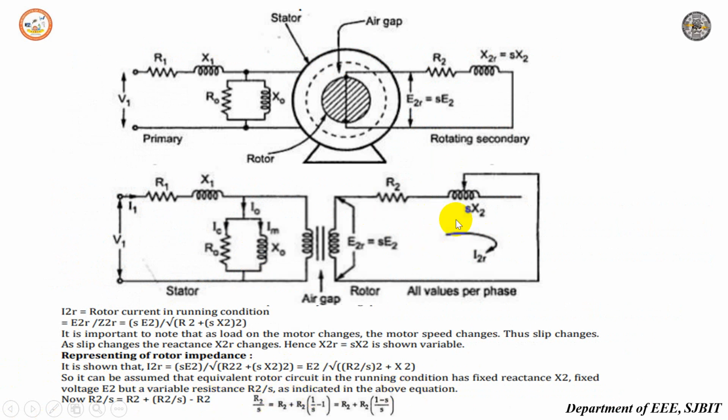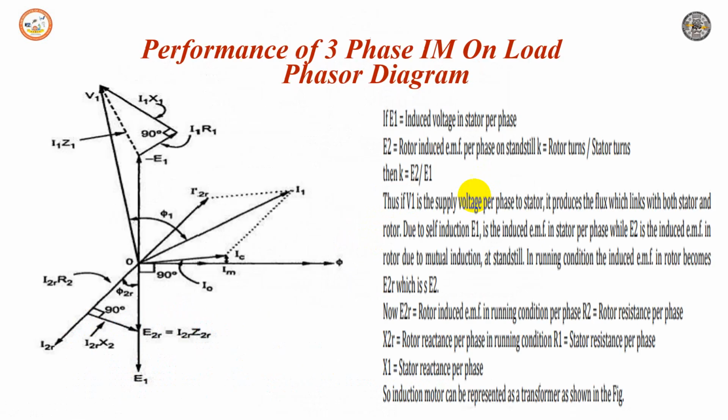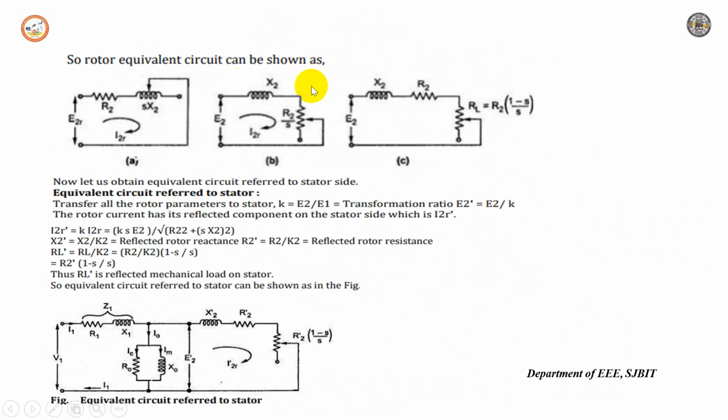Let us simplify this by dividing throughout by S. So this becomes E2 with R2 by S and X2. This is the circuit we get. Further, this R2 by S can be simplified because some part should be taken as a fixed term and the other part can be taken as the load resistance.